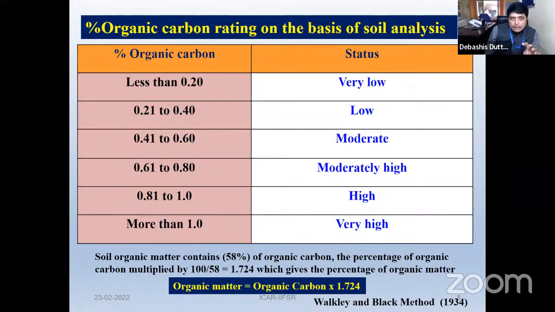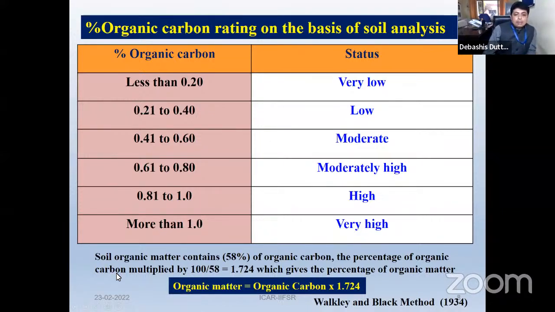Similarly, from how much organic carbon is present in the soils, we can calculate how much nutrient is required to make nutrients available for plant uptake. This is an important factor: the percentage of organic carbon in soils under organic farming.